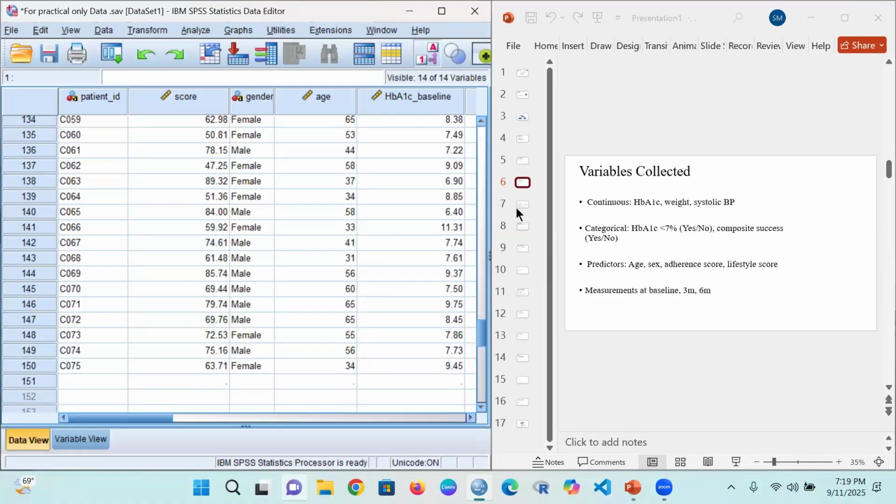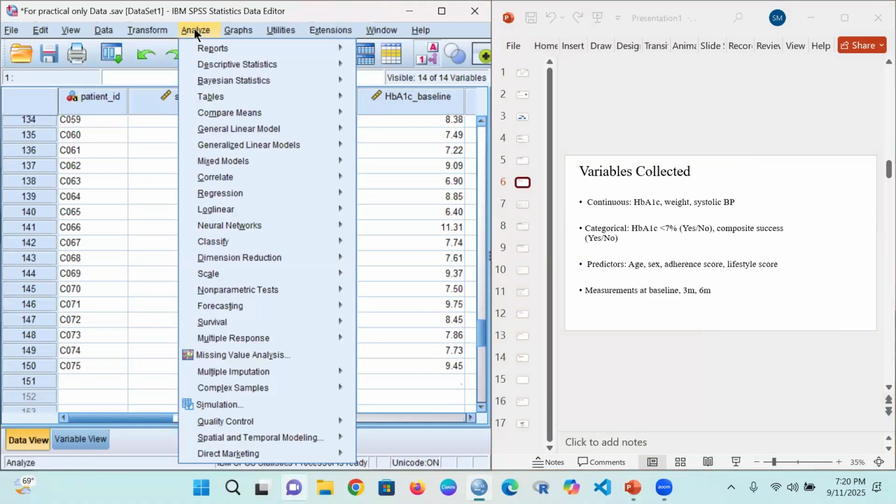Allow me now to get into it. First of all, we are supposed to test for the normality of the data that we are going to analyze, especially the HbA1c. I think last time we were taught how to check the normality of the data. Everyone can see from the left side of my screen.